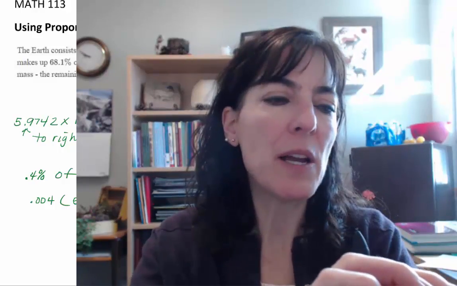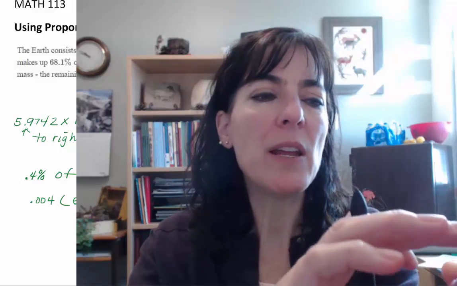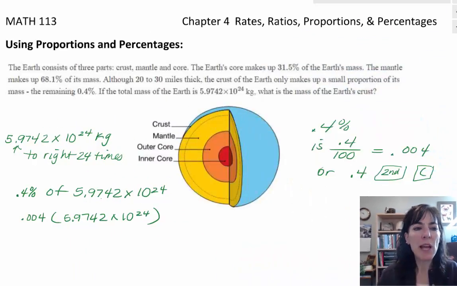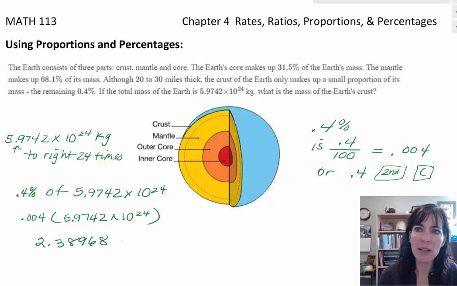And then I will just say multiplied by, and then I can type in the 5.9742, and then that EE button, so second to get the EE button, and then the 24. And then the equals, and I end up with 2.38968 times 10 to the 22nd.